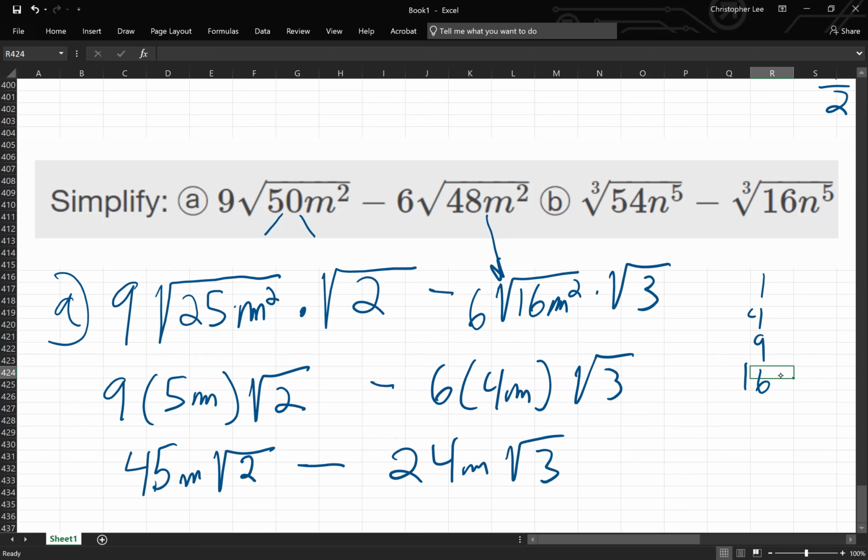What's the answer? It's a real simple answer. What's the final answer? Not 26.